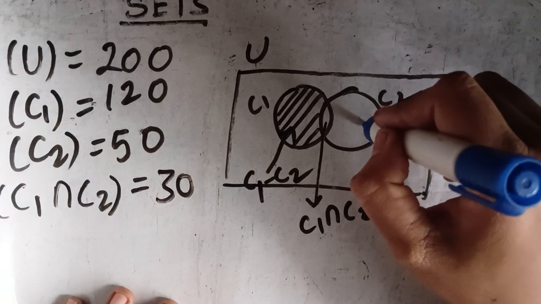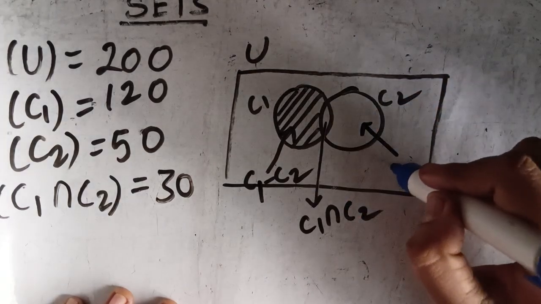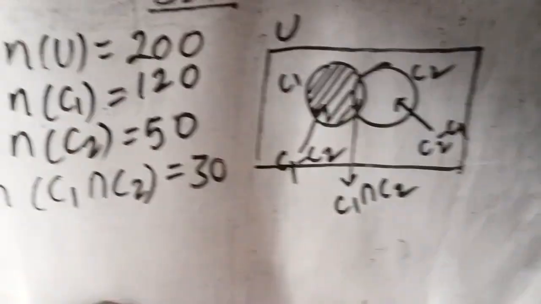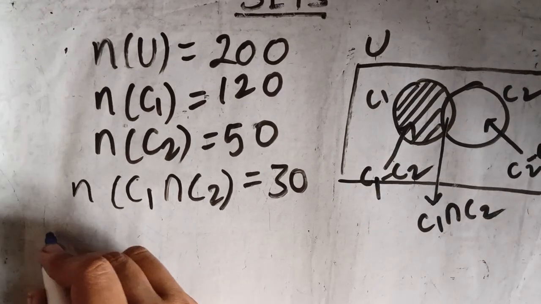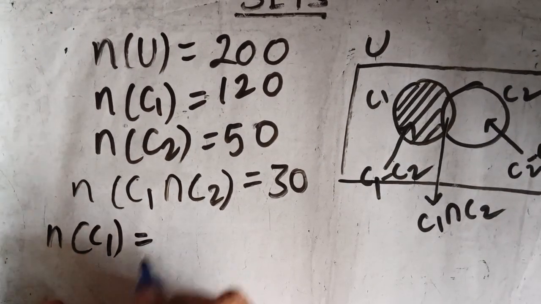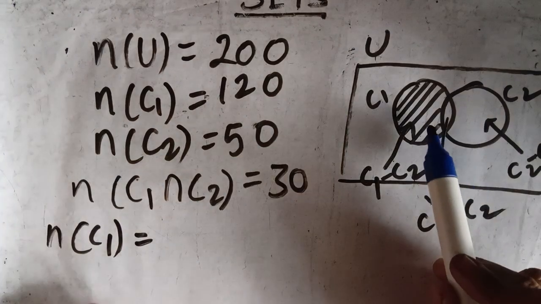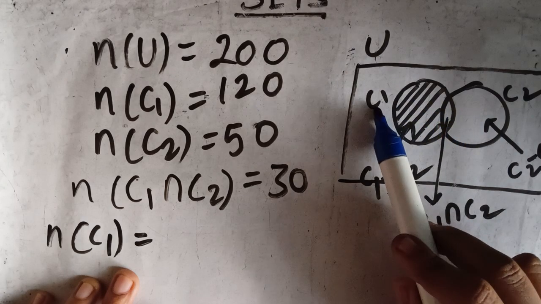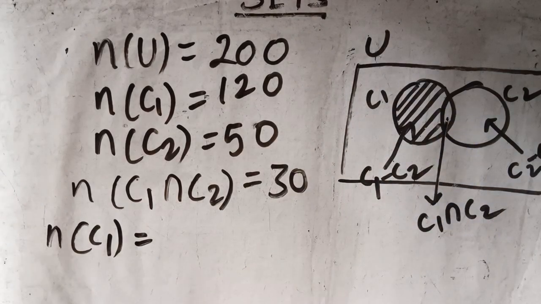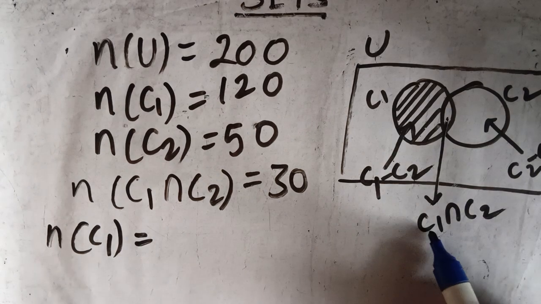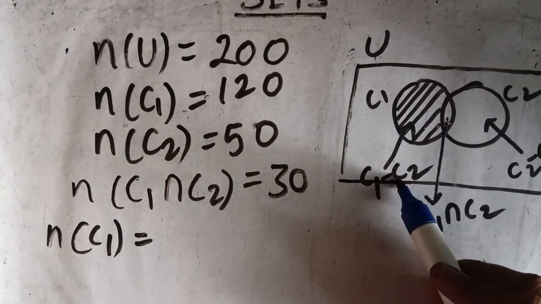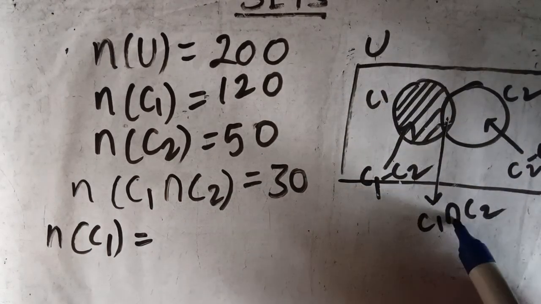And this part is C2 minus C1. So if I take the number of elements in C1, this will be this part, and here also there are some elements of C1. So we are taking C1 intersection C2, and then we are removing this C2.